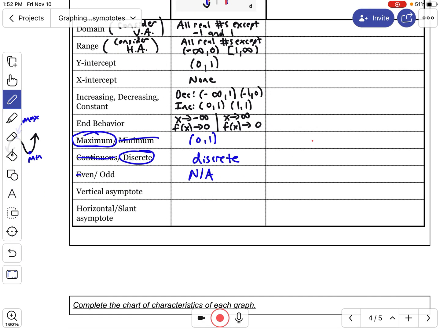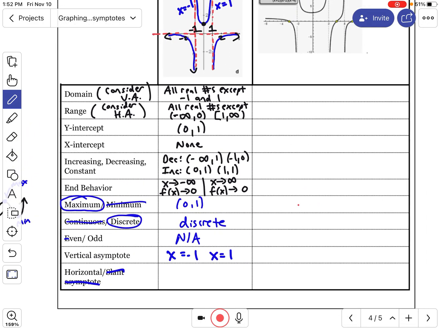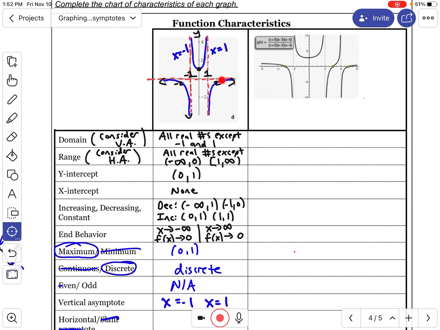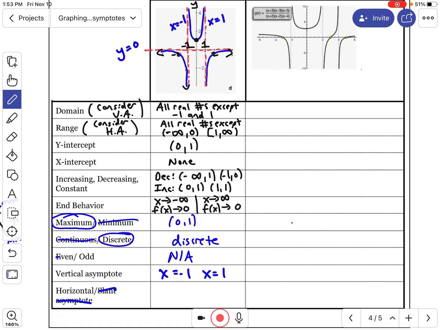Those are the vertical lines. And then there are no slant asymptotes in Math 3. That's more of a pure calculus type of thing. But the horizontal asymptote is right here. And with horizontals, we don't do x equals, we do y equals, and that one's right at 0.